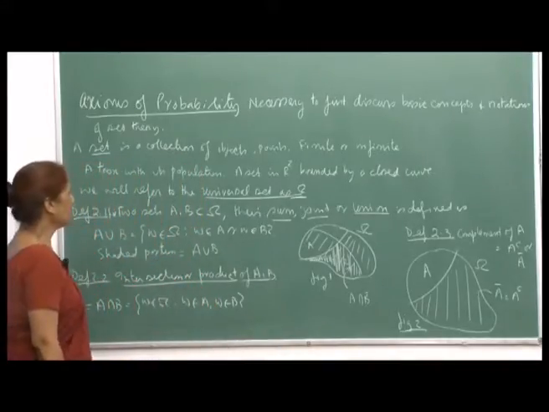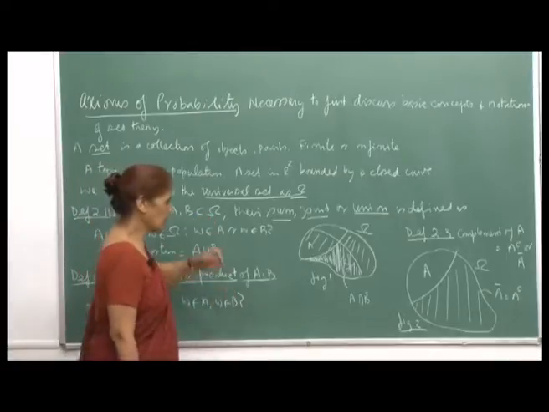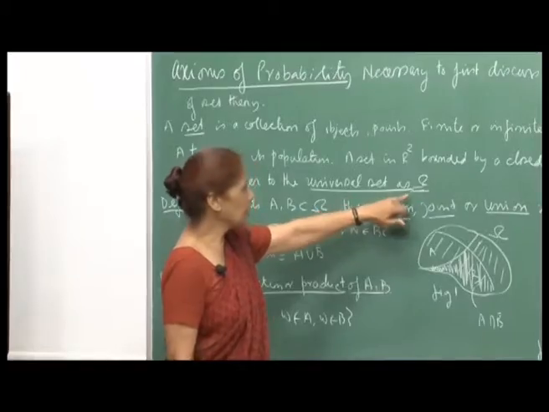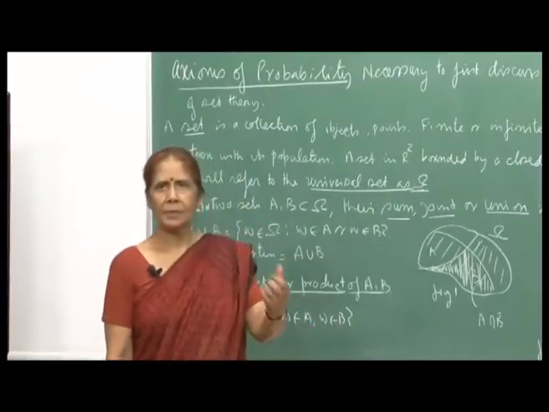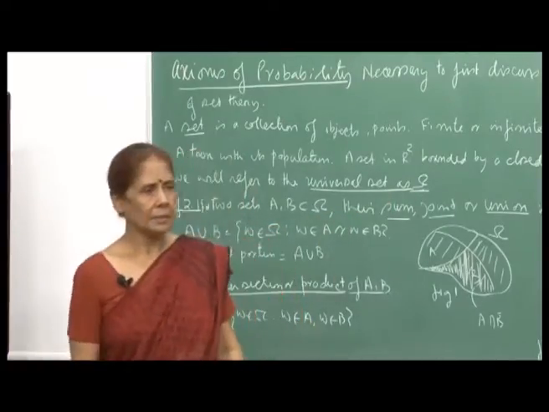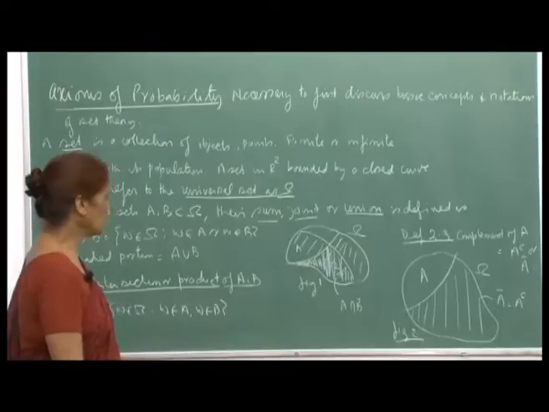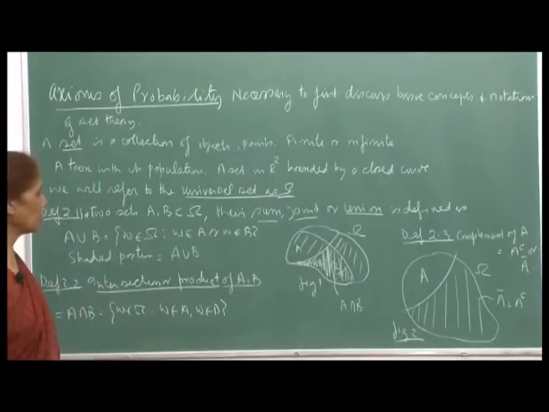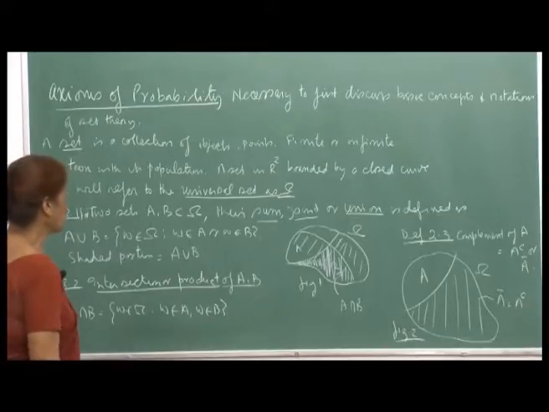Now, when I develop the concepts of set theory, there will be a universal set which I will refer to as omega, and then we will take subsets of omega and define all the possible operations we can do on this set of subsets of omega.